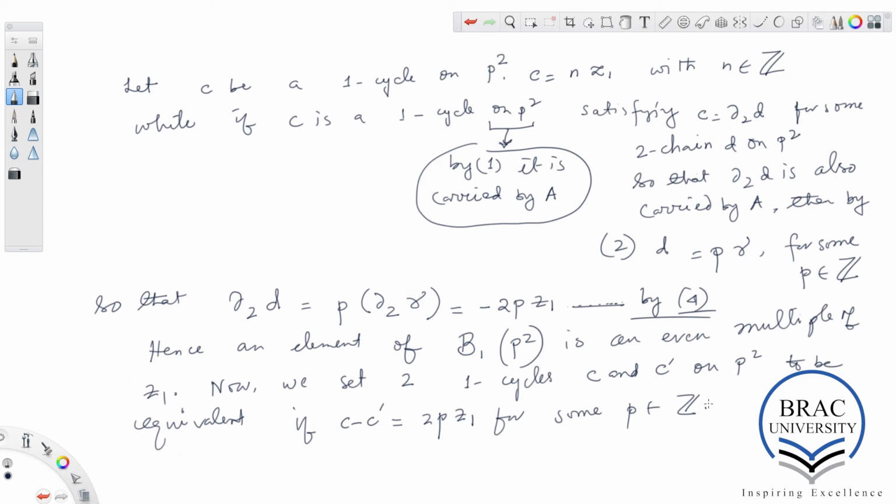So we have the space of one cycles, and we put an equivalence relation on it. What is that equivalence relation? Two one cycles C and C prime are declared equivalent if they differ by an integer multiple of Z1, right?